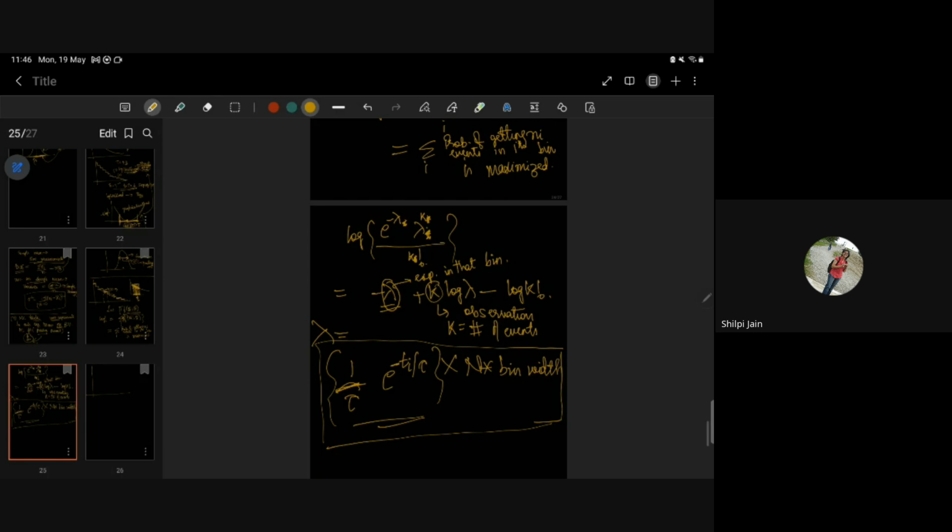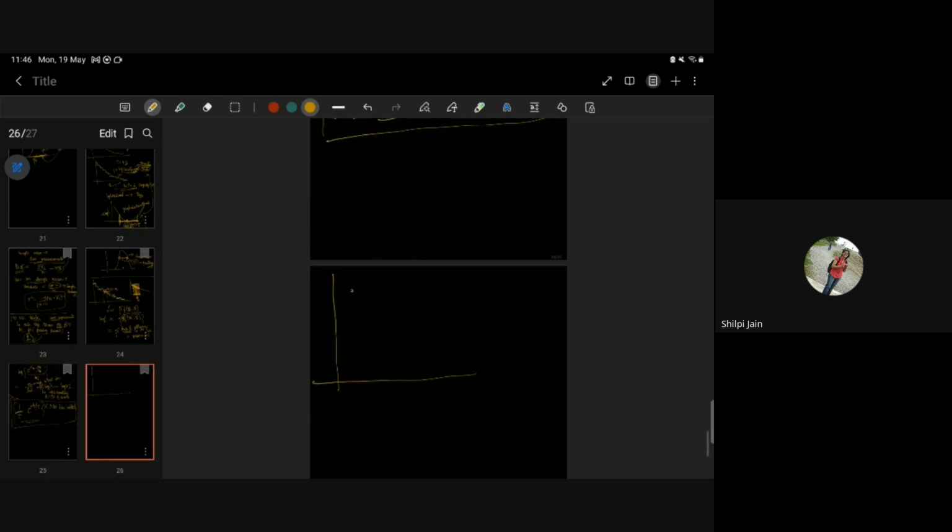So in the expression of the log likelihood, it's minus lambda plus k log lambda minus log k factorial. K we know because k is my observation. It's the lambda which I would like to explain. So lambda is what you expect in that bin, right? It's the expectation. You know that this distribution is going to follow an exponential because this is what you're trying to fit.